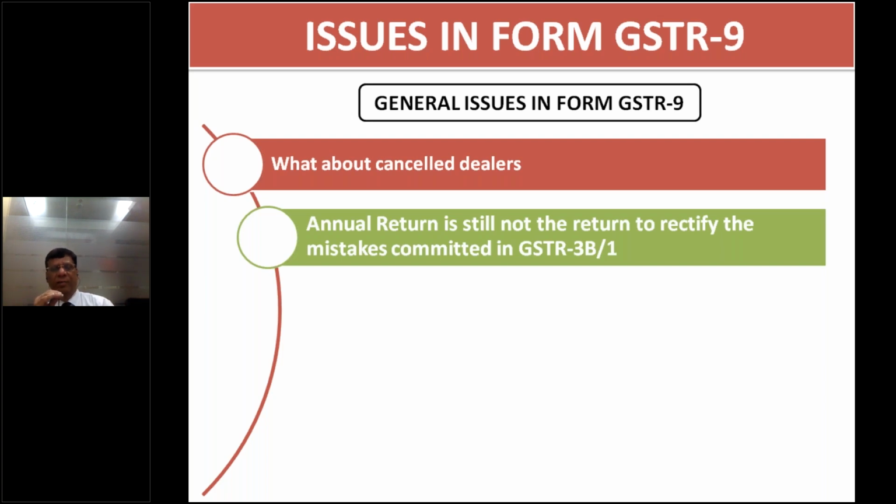annual return. And in case he has short paid the taxes, he can further pay the taxes after filing this annual return with the mechanism of DRC3. So in DRC3, when he would be paying the tax, he would choose the option annual return.